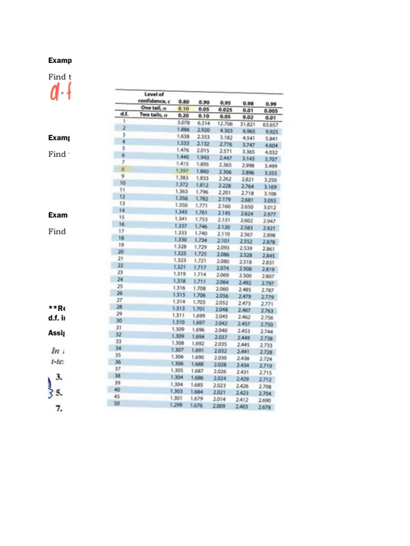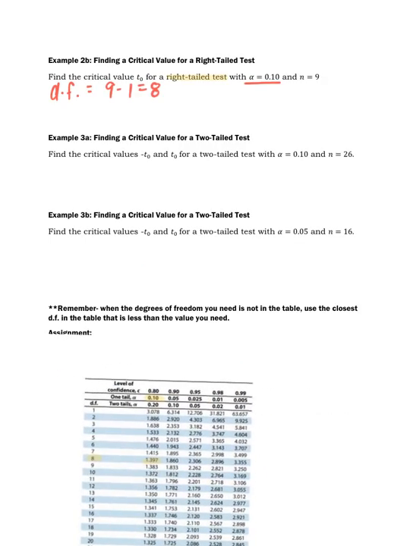That puts us at 1.397. So we've got t equals 1.397. But again, since it's a right-tailed test, we would just use the positive, which is the same thing.